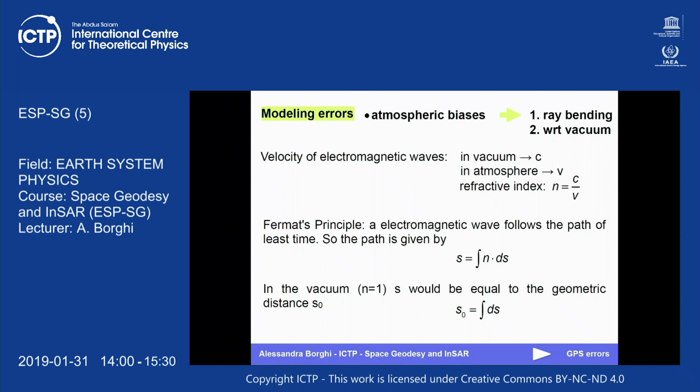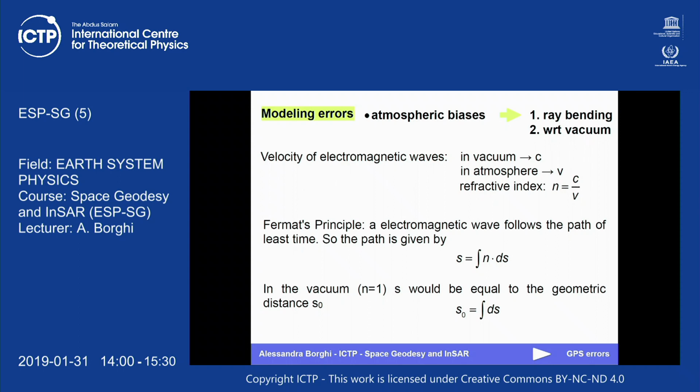In a vacuum, if we consider the case where the refractive index is equal to 1, that is, the velocity of propagation is equal to the velocity of light, we have the geometric distance in the vacuum.